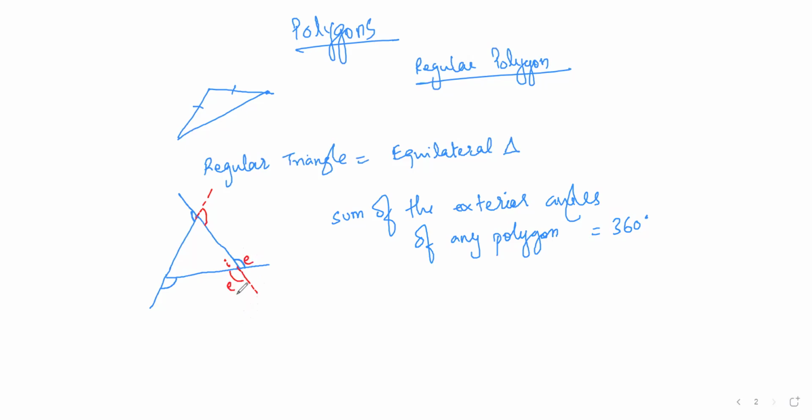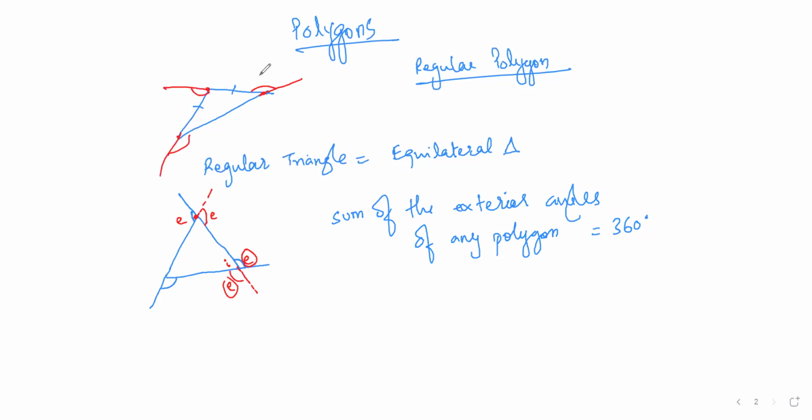So when you say sum of the exterior angles, do you mean both this E and E together? Should I consider them? No. You only take one exterior on each vertex. This is called a vertex. This is called a vertex. So only one exterior on each vertex.